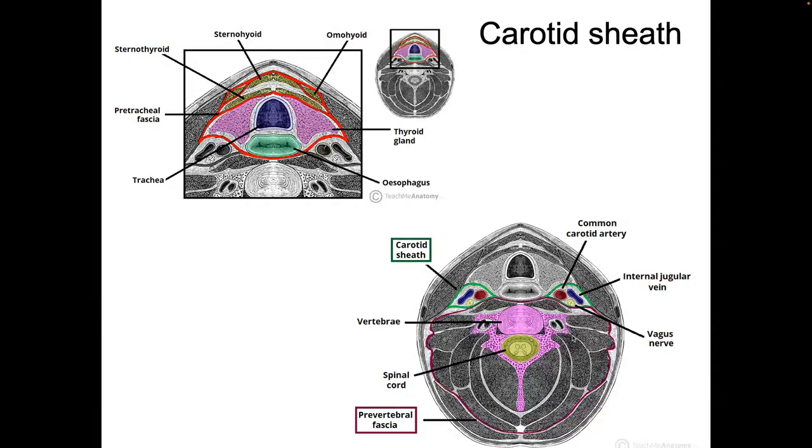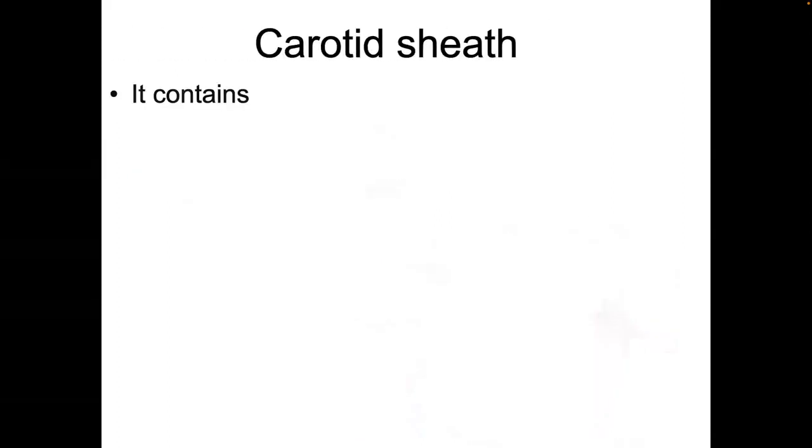And in this diagram, if you see, this is the prevertebral layer which is forming the posterior sheath of the carotid. So carotid sheath is formed anteriorly by pretracheal layer and posteriorly by prevertebral layer, asked in your MCQ. Carotid sheath can be asked as a short note also.